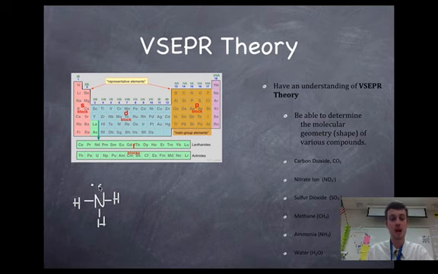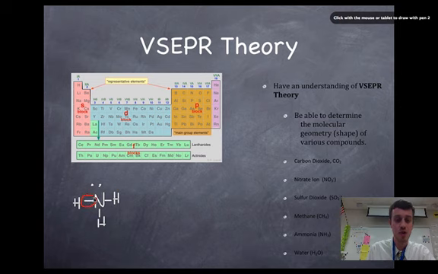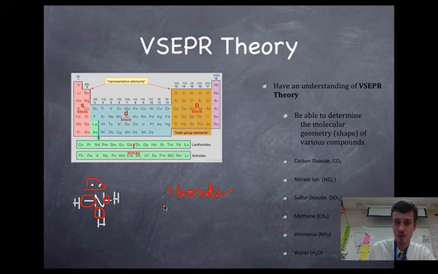When I do my regions, I have 1, 2, 3 that are bonds, so I have 3 bonds, and I have 1 lone pair, which I'll call LP again. If I have 3 bonds and 1 lone pair, then that's going to be trigonal pyramidal.